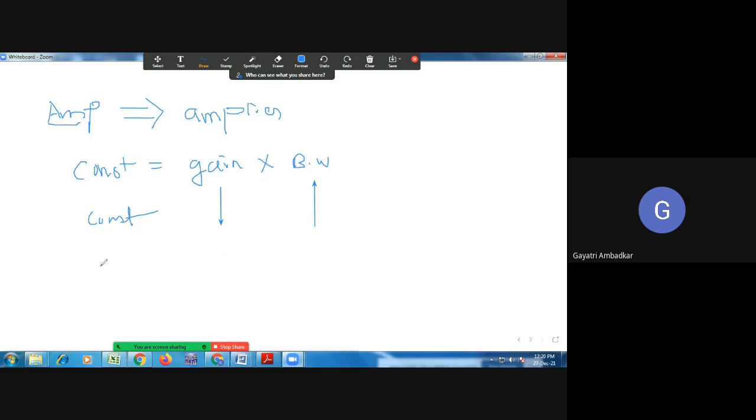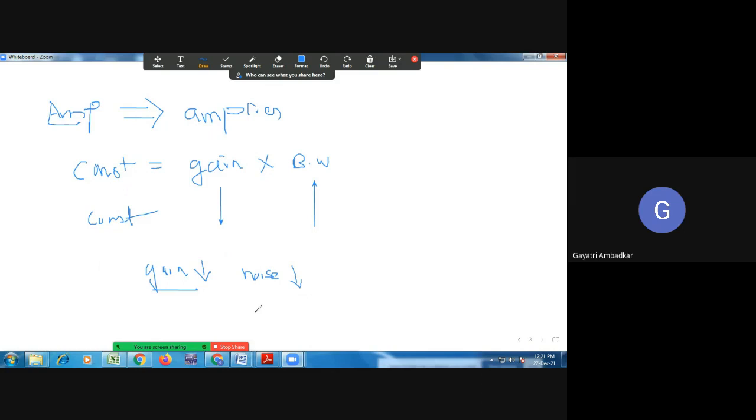Now see, noise is present everywhere. Along with the signal, noise is also getting amplified by the amplifier. But if the gain is decreasing, the quantity by which noise will amplify will also decrease. So noise level is also minimized in negative feedback amplifier.